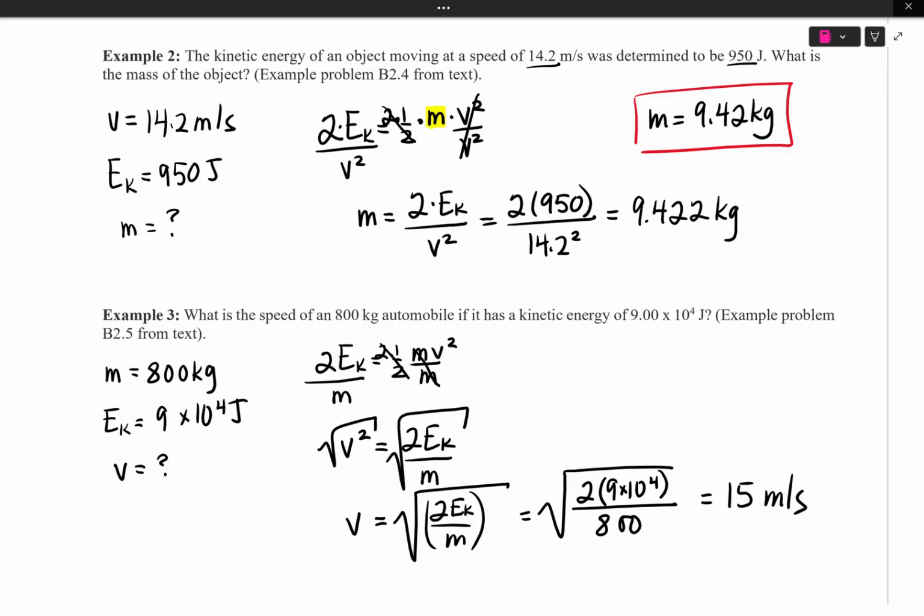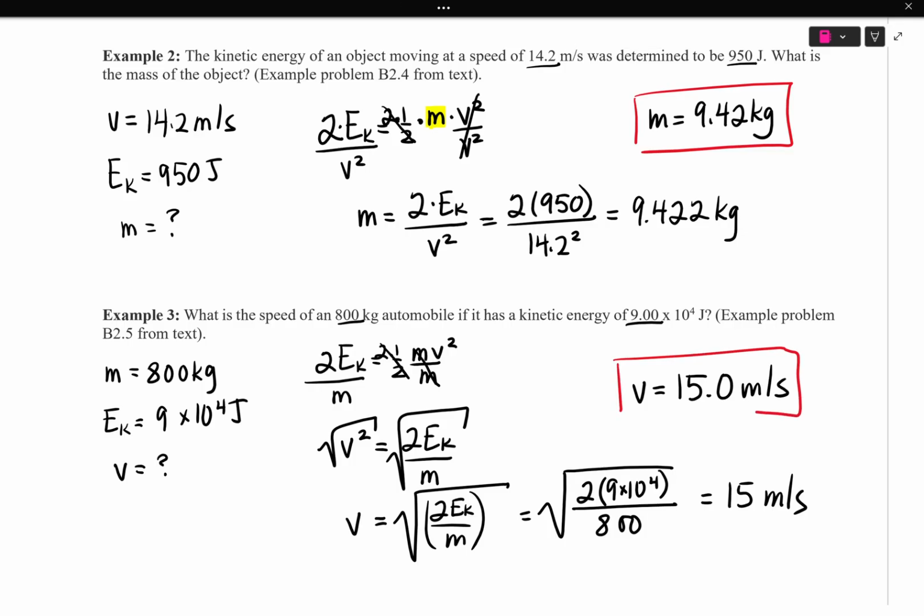And the units are meters per second. If we go back and look at significant digits, I've got 3 and 3. So my speed is going to be 15.0. That makes it 3 digits, meters per second.